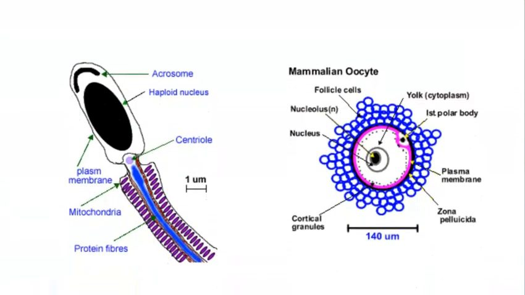And so a reminder that in the sperm cell structure, we have the haploid nucleus in the head of the sperm cell. Remember, this is just a single cell. It's approximately 50 micrometers in length, of which the tail makes up about 45 micrometers, leaving 5 micrometers for the head structure.